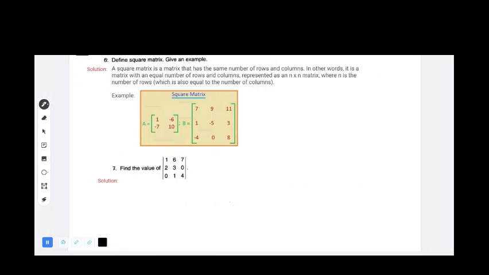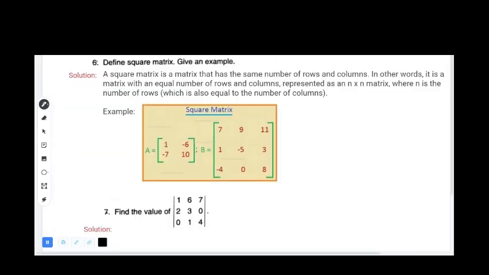So the next one is: define a square matrix and give an example. A square matrix is a matrix that has the same number of rows and columns. In other words, it is a matrix with an equal number of rows and columns, represented as an n cross n matrix. The order of the matrix is n cross n, where n is the number of rows, which is also equal to the number of columns.